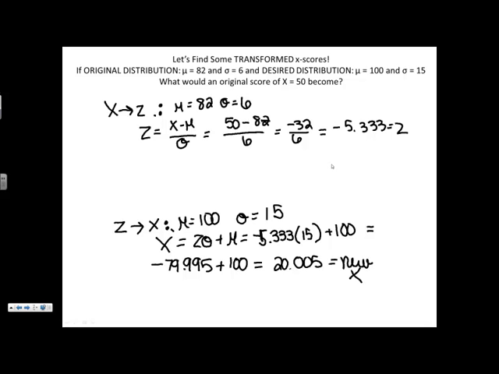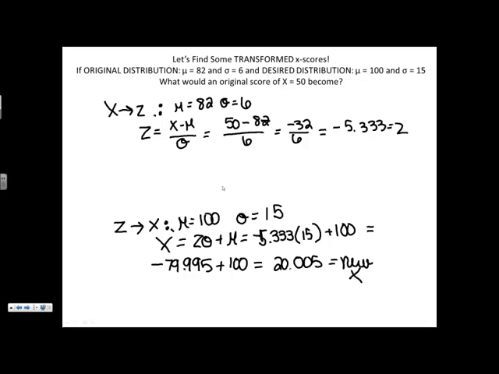According to step 1, this score of 50 is 5.333 standard deviations below the mean because the z-score is negative 5.33. Well, that should still hold up here. This score of 20 should still be 5.33 standard deviations, or 15s, below 100.